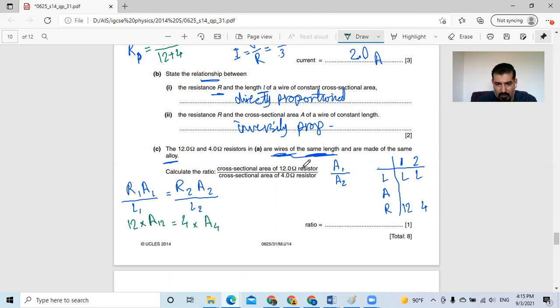And they ask about area 1 over area 2. So if I divide area 1 over area 2, it will be equal to 4 over 12. So the ratio is 1 over 3.